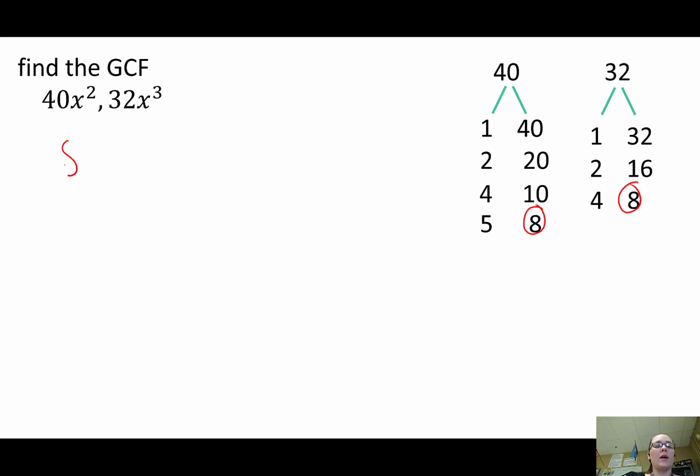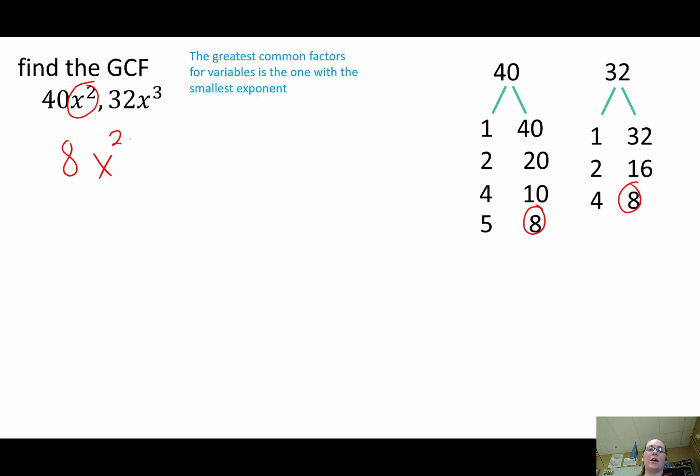But now both of them have an x that is common to both of them. They both have at least 1. So when you're dealing with variables, the one with the smallest exponent is your GCF. So x squared is my greatest common factor of the variables. So 8x squared is my GCF for 40x squared and 32x cubed.